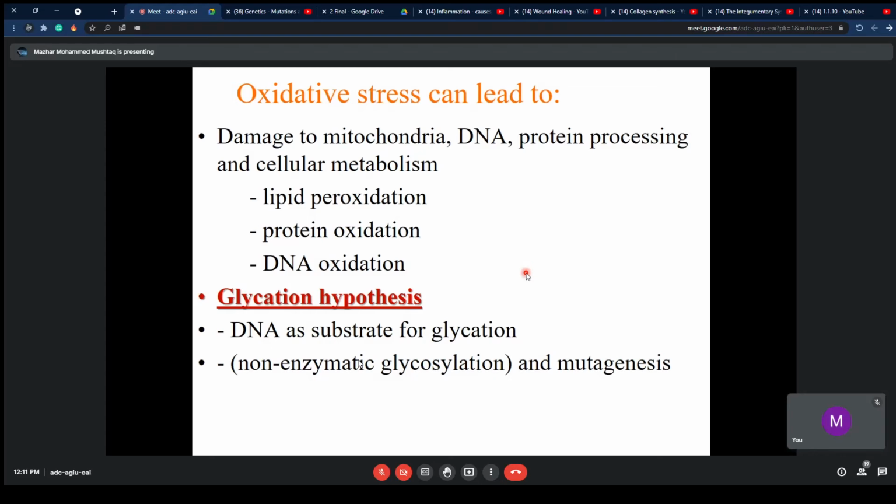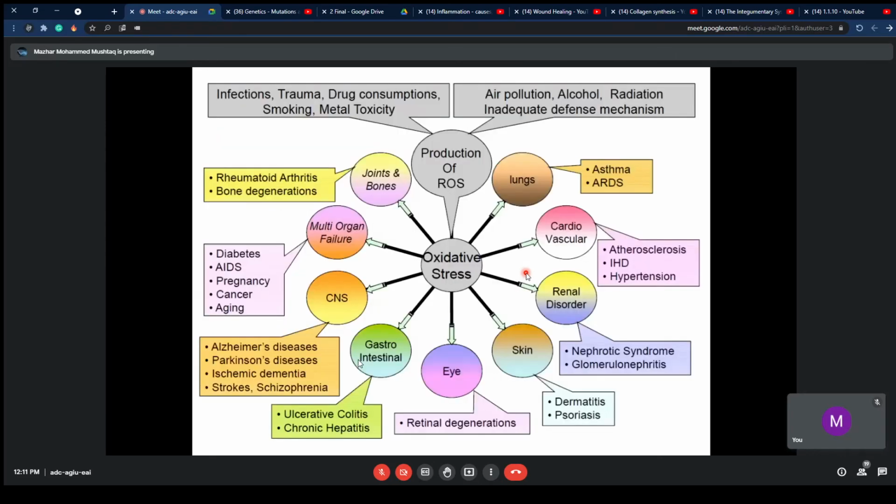Okay. Now, this is what I have collected from different journals, and I have prepared this picture. This is my own picture, and if you see here, it starts from air pollution, alcohol, radiation, and inadequate defense mechanism.